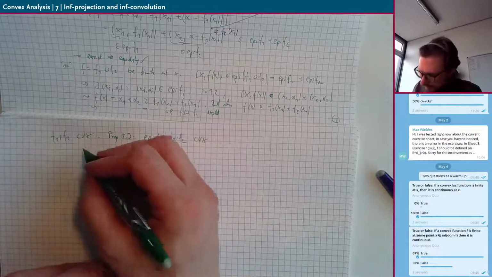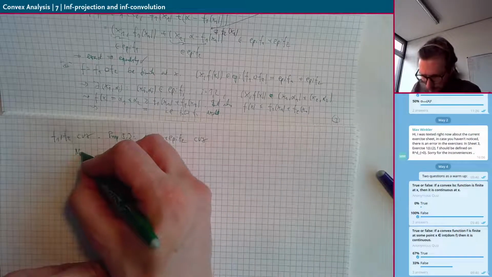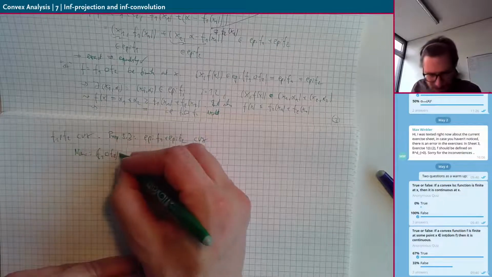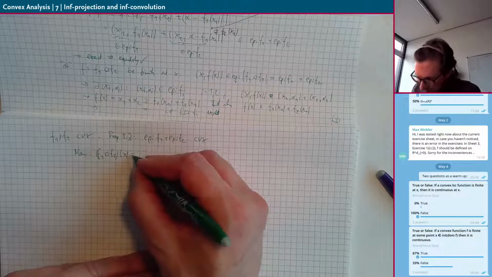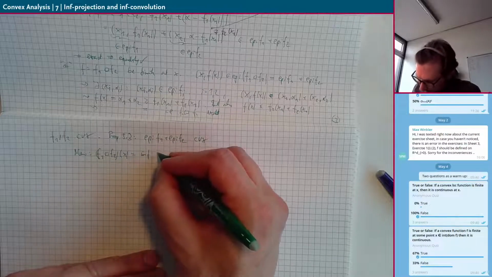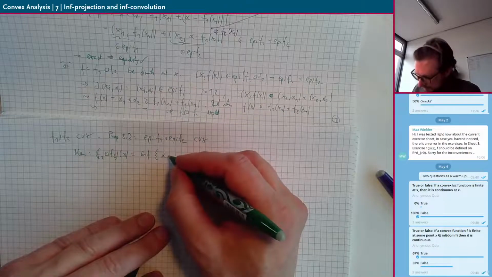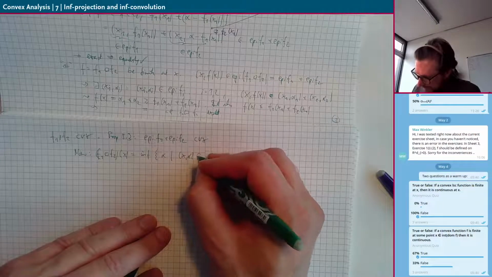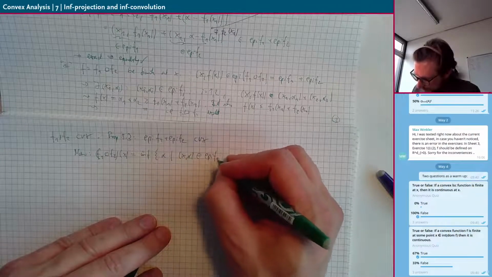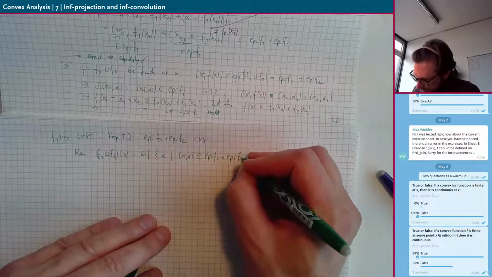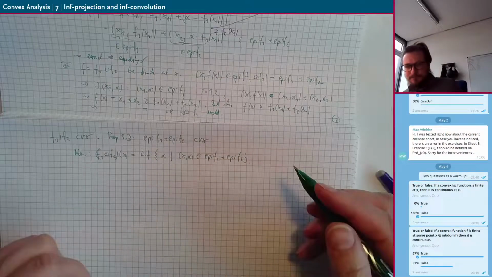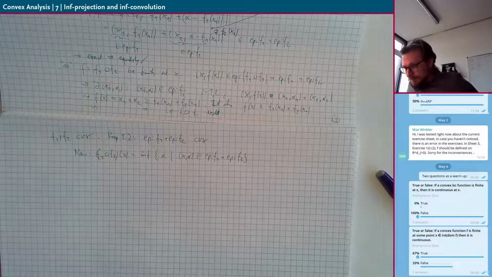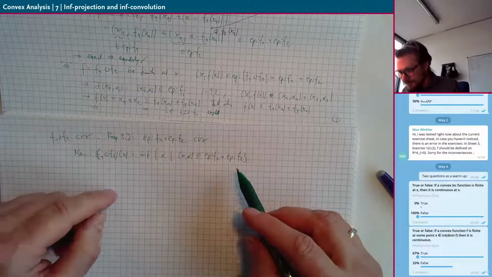And now we know that the inf-convolution at some point x can be equally written as the infimum over all values alpha such that (x, alpha) is in the epigraph of f1 plus the epigraph of f2. This is actually just the definition, written differently for the inf-convolution.